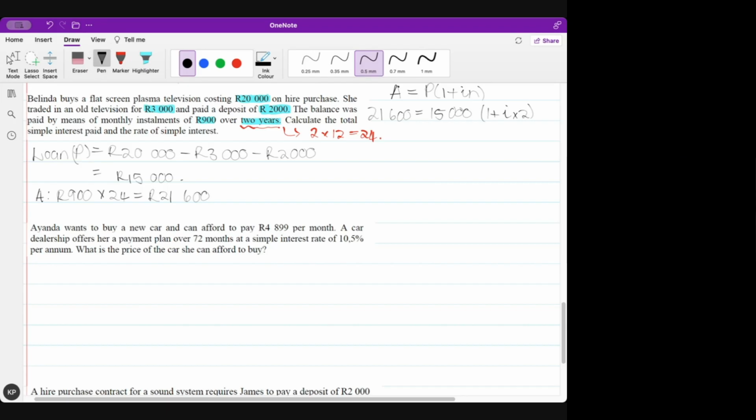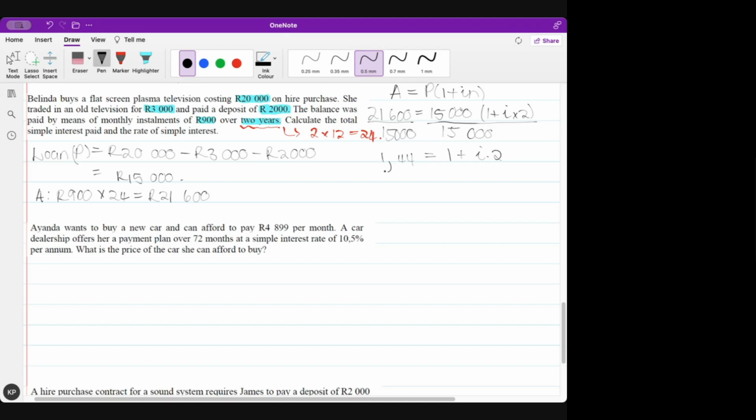Okay, guys. So let's get going with this one. My interest and N is 2. You divide both sides by 15,000. 21,600 divided by 15,000 is 1,44, equals 1 plus i times 2. This we can do in one step.